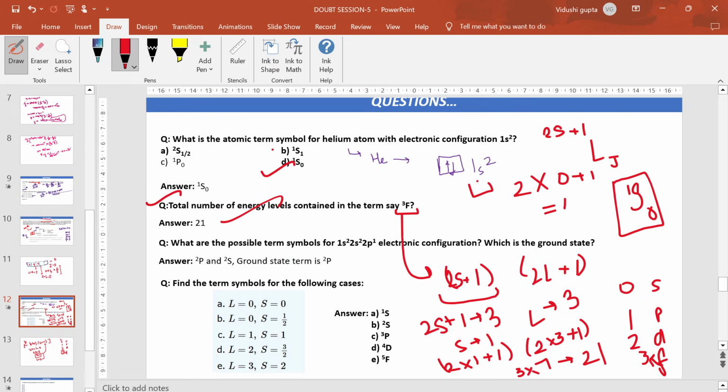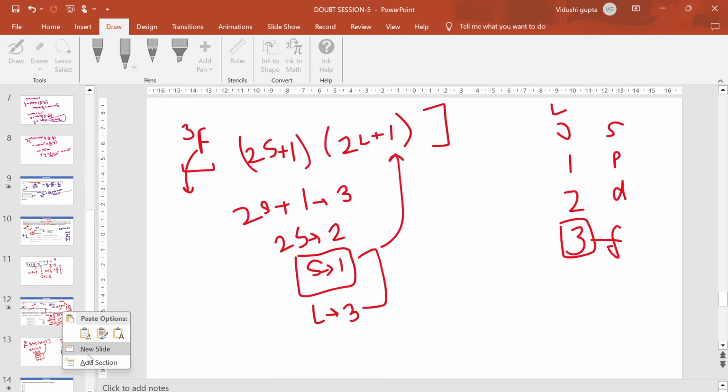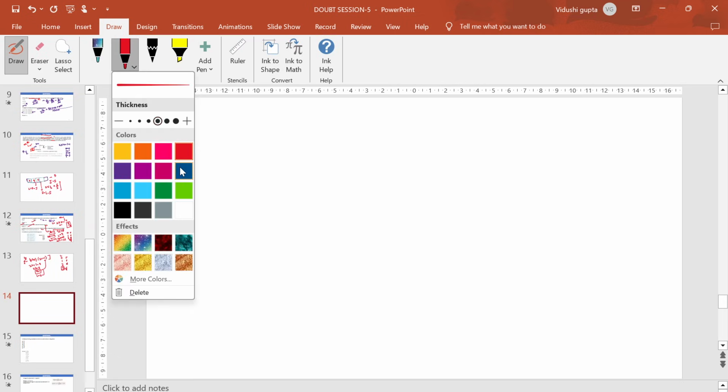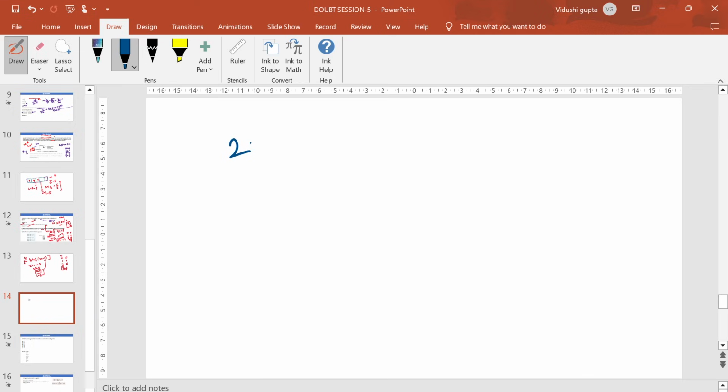Now moving to next. What are the possible term symbols for 1s2 2s2 2p1? And what is the ground state? So for the 2p1, you have to calculate the term symbol and the ground state.